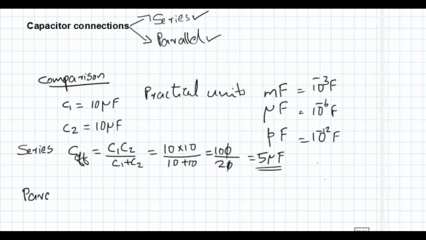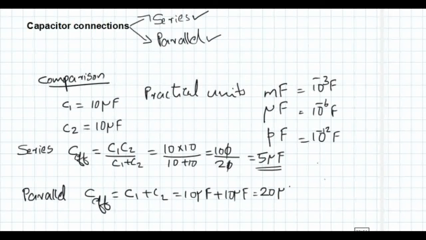Now suppose we are connecting these two in parallel mode. Then for parallel mode, we have seen that the effective capacitance will be C1 plus C2. Therefore, it is 10 microfarad plus 10 microfarad, that is equal to 20 microfarad. Right? So the two 10 microfarads are giving two different values for series and parallel.